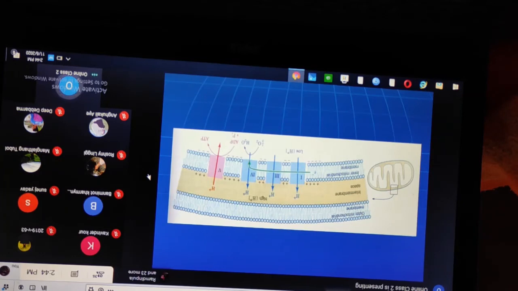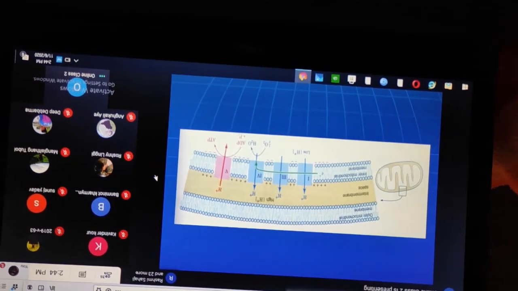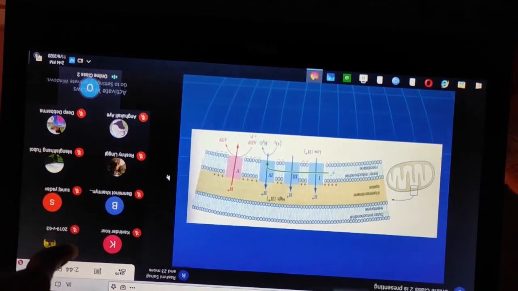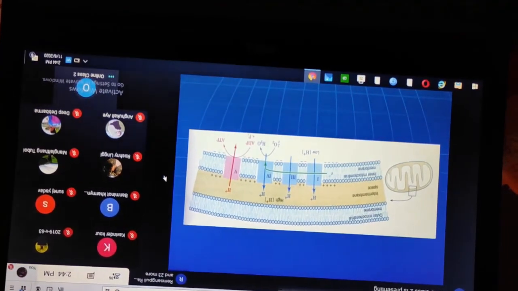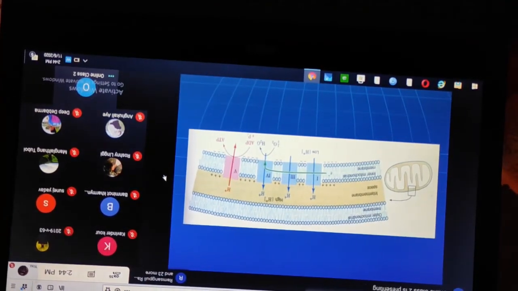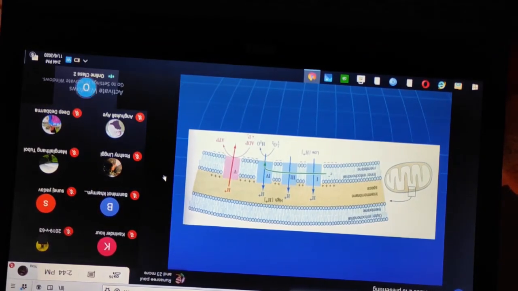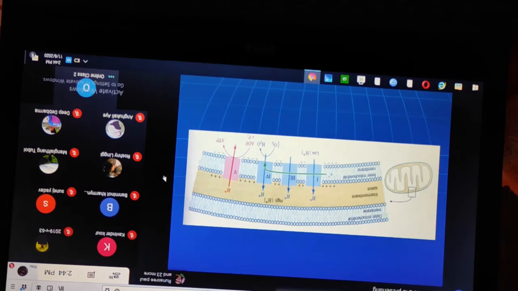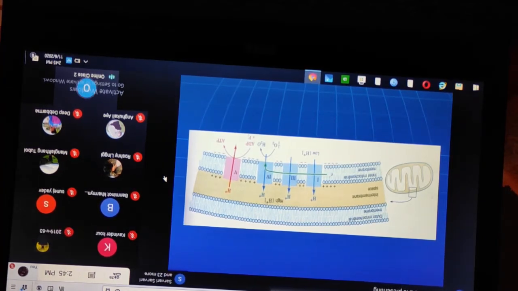Now these protons from the intermembrane space can come inside the matrix through a protein complex. That complex we call complex 5, or later on we will also call it the F1 ATPase. For the time being, we just remember that it is complex 5. These protons come back to the matrix through complex 5.